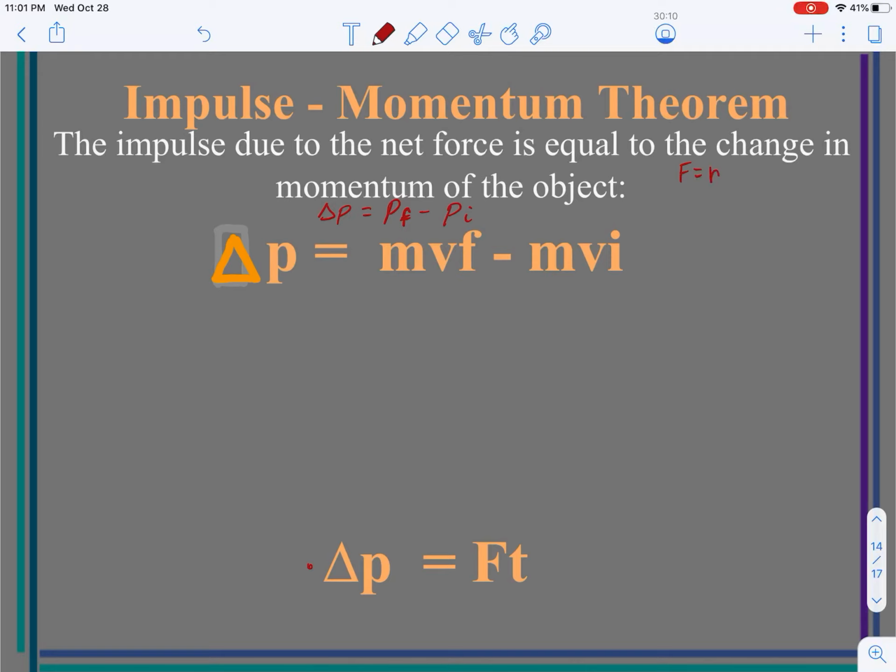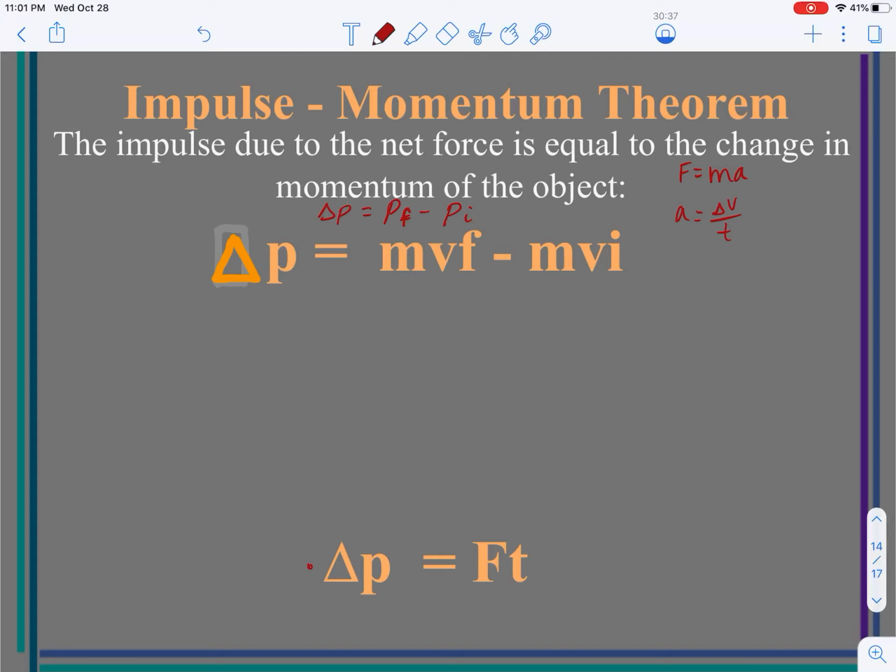Well, let me remind you, we've already reviewed F equals ma, and the acceleration is defined as change in velocity over time. We're going to need those formulas to help us make this connection, okay? So we are saying that a change in momentum can be calculated by doing mass times velocity, which is going to give me my momentum.